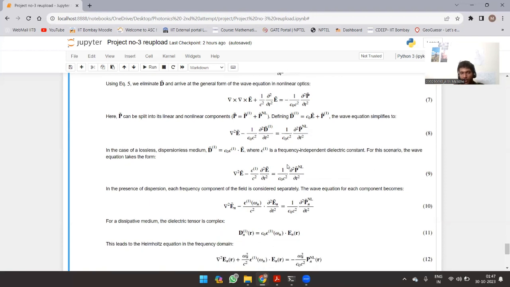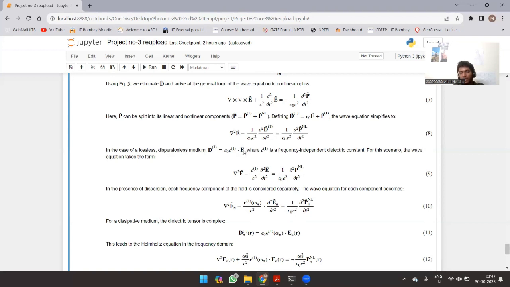And now for lossless and dispersionless media, you can write d linear as epsilon, the linear dielectric constant, times the e vector.